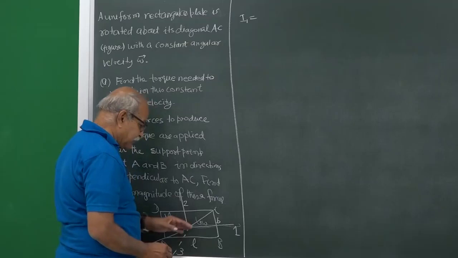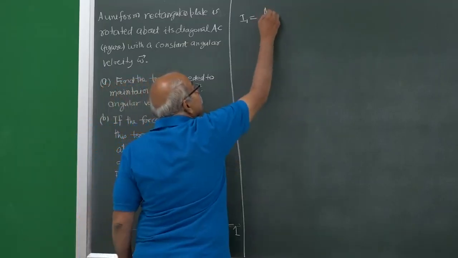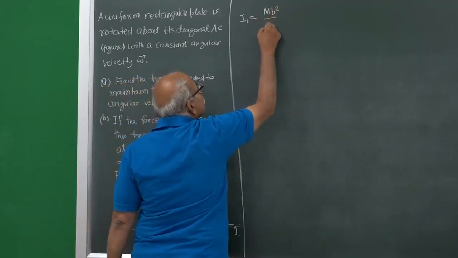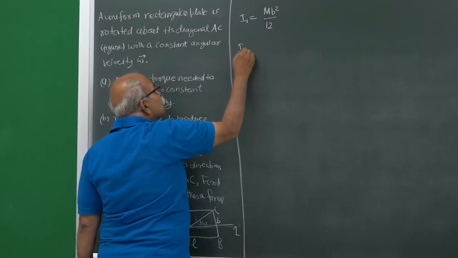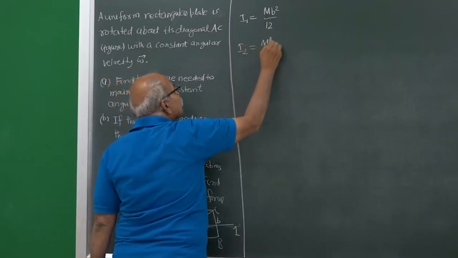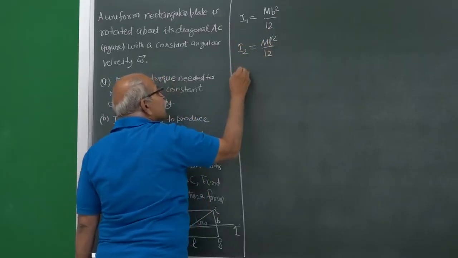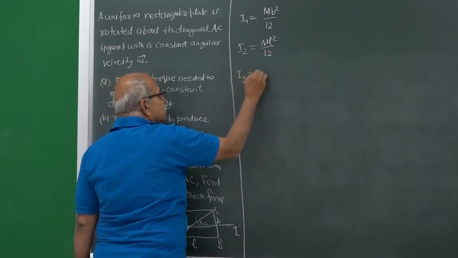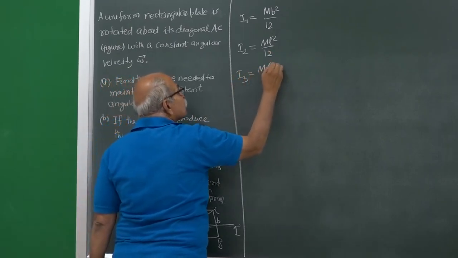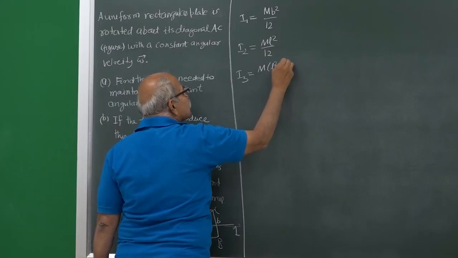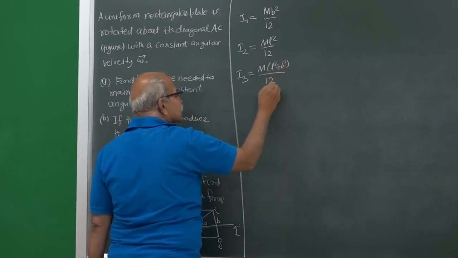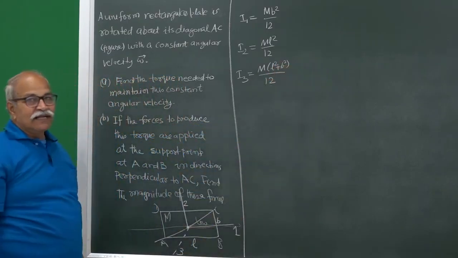So, I1 is m b square by 12, I2 will be m L square by 12, and I3, by the perpendicular axis theorem, will be m times L square plus b square by 12. So, this is I1, I2 and I3.